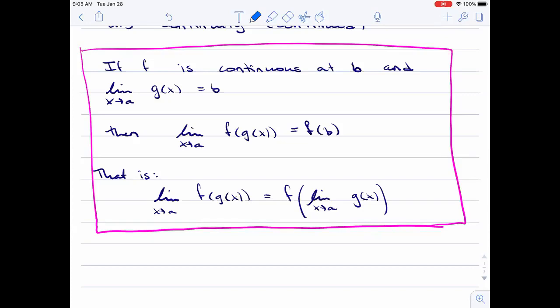If we have a continuous function and we're taking the limit of another function, and we know the value at that point, and that point is in f, then the limit essentially passes through continuous functions. If we have a continuous function, which we saw polynomials are continuous, and we know the value at that point, then we can just plug it in, and then we go from there.